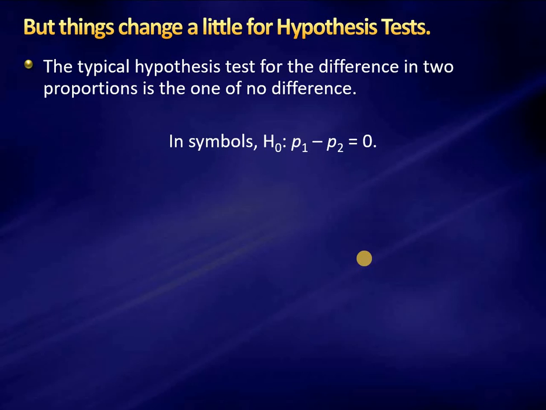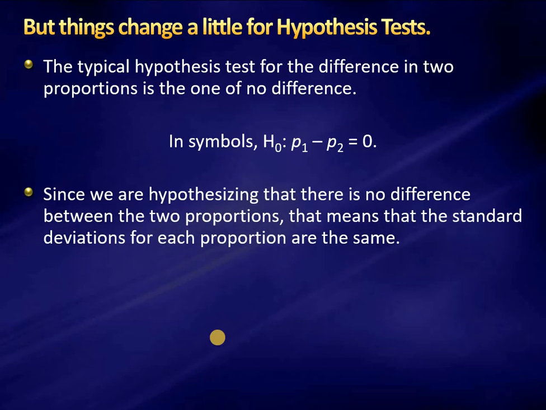So the null hypothesis is going to be that that difference, again, not using p-hats, just the p's, is 0. And the reason that gets a little weird is because we've been saying for a hypothesis test, you always center it at that number, and then we use that number to find the standard deviation. If I use root pq over n and I'm using this number, that's going to say I have 0 standard deviation, so I can't do that.